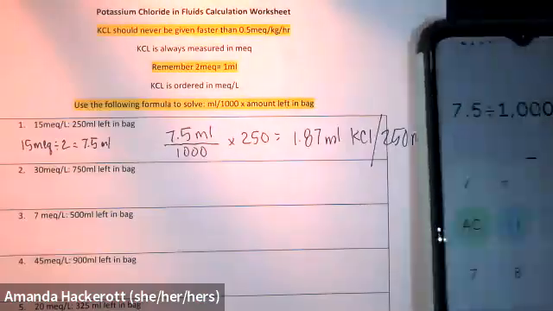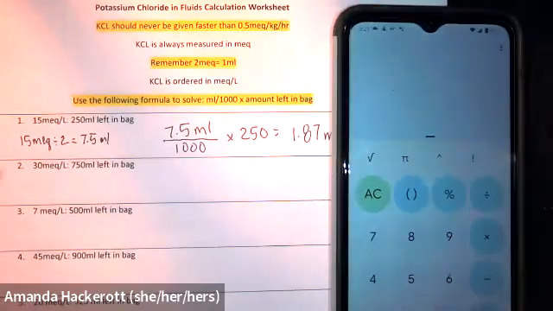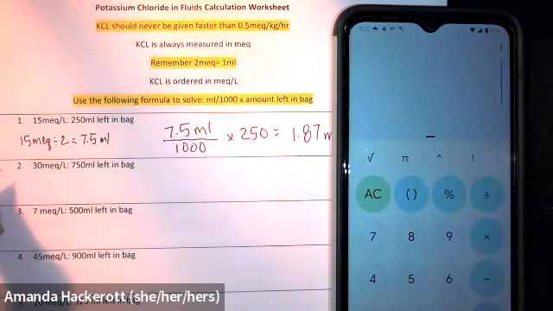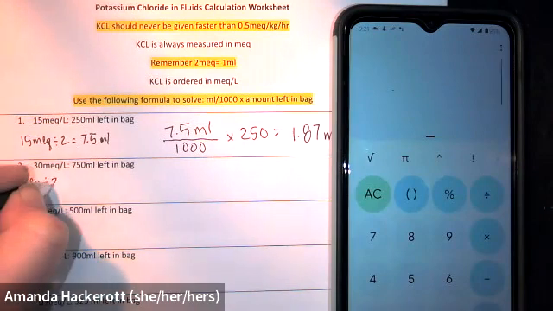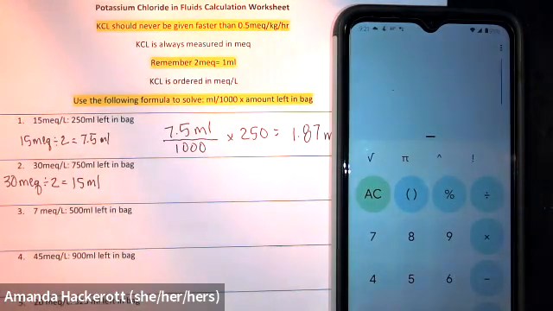Okay. All right, let's set up another one. So in this case, we have a 30 MEQ per liter order, and we have 750 mLs left in our liter bag. So the first thing is take our MEQ and divide by 2. So 30 MEQ divided by 2 gives us 15 mLs.